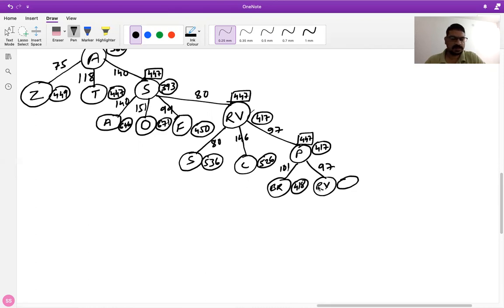Now, it is 414, which comes to 417. It is the F value here.